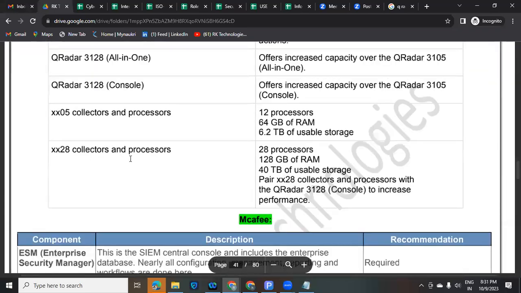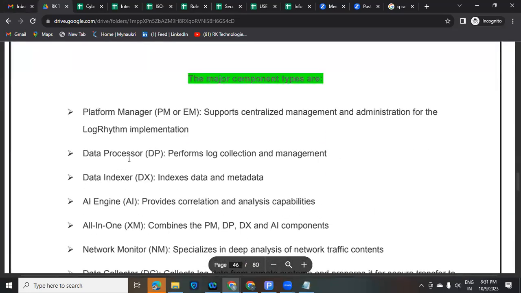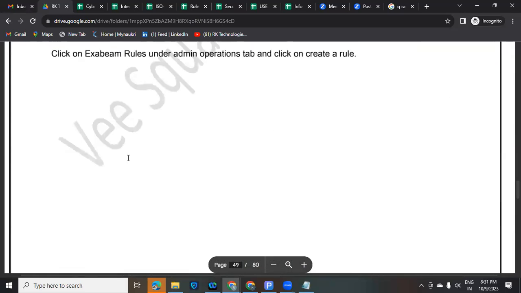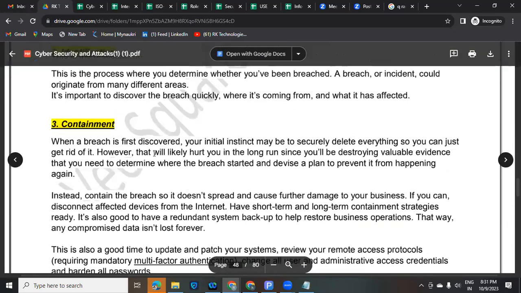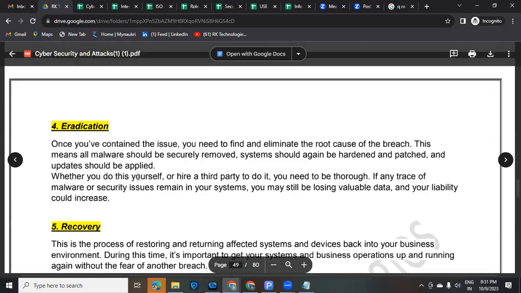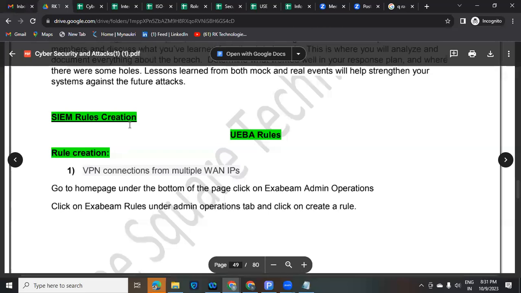Licensing, features, everything is provided, and I have also given notes. And this is the incident lifecycle management process, the ITIL process. Next, a couple of definitions. Yes, and these are all the correlation rule creations.